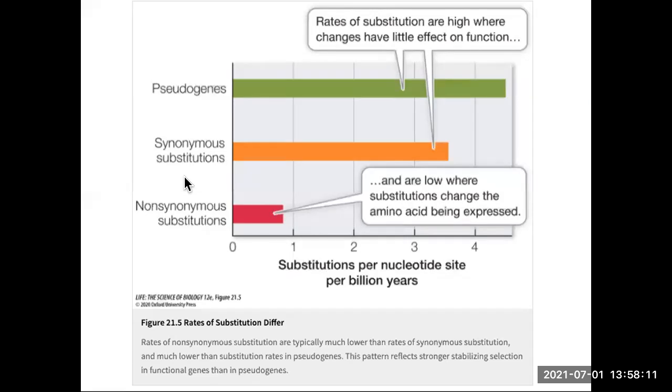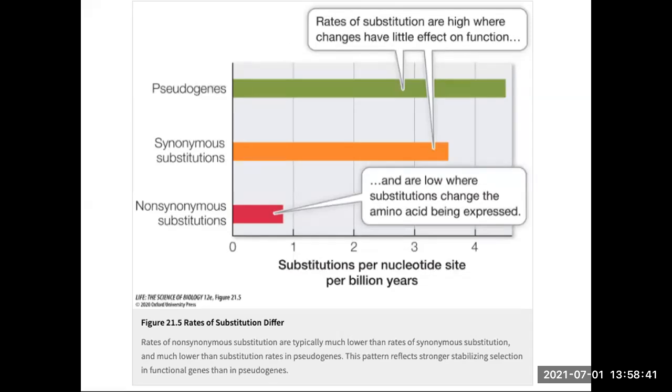Maybe it won't be able to bind something as well as it used to, or perhaps it won't even be able to fold in the correct configuration at all. And so that's why these non-synonymous substitutions are so low, because usually that is deleterious or inhibitory to an organism that possesses them, and they will not reproduce and produce as many offspring as individuals that do not have that mutation.